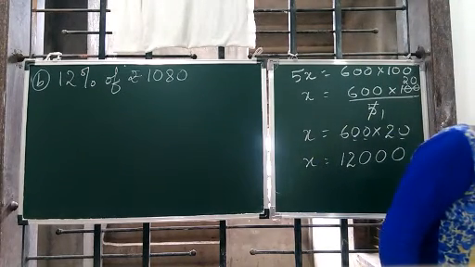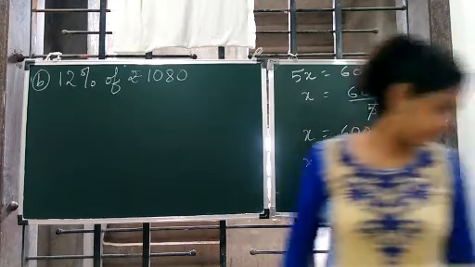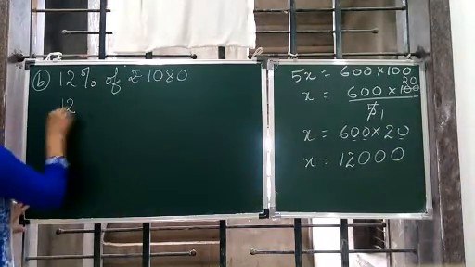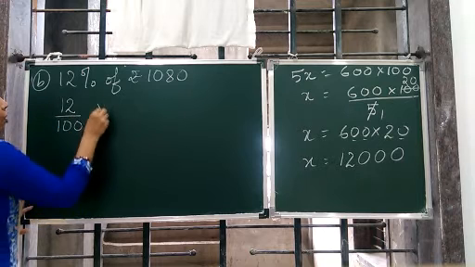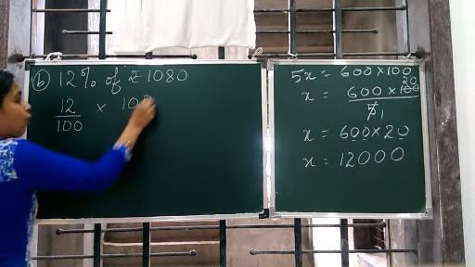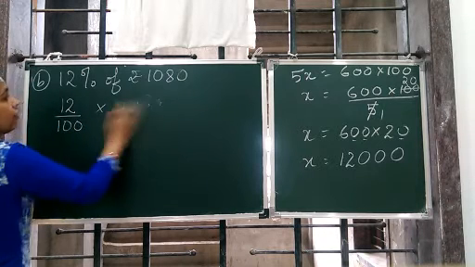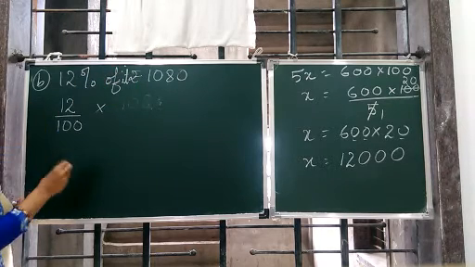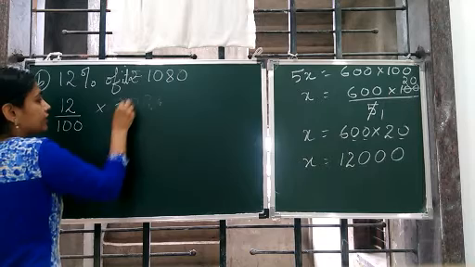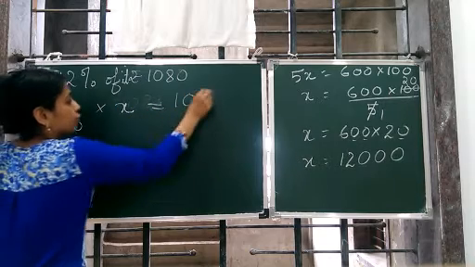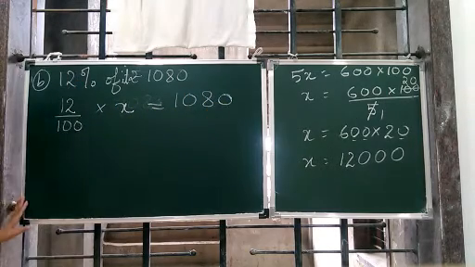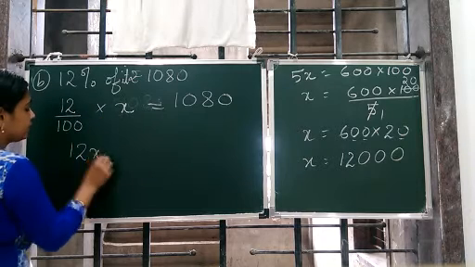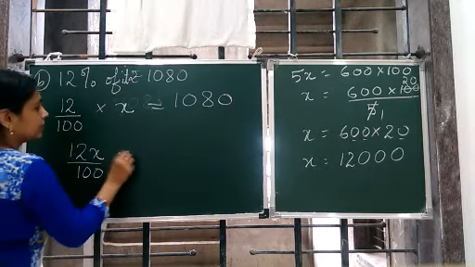We are doing fifth question. Okay, so again 12% means 12 per 100. Of means multiplication. 12% of it is rupees 1080. Of it means x is equal to 1080.